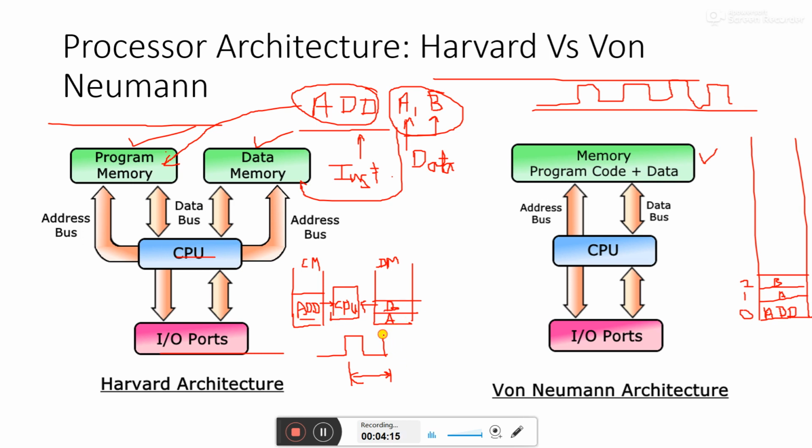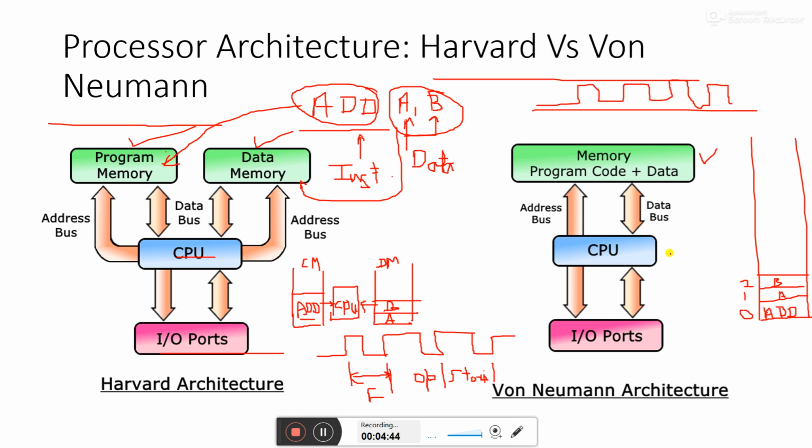In the next cycle it will operate on the data, and in the next cycle it is storing the result, right? That happens in a Harvard architecture, and it is good.